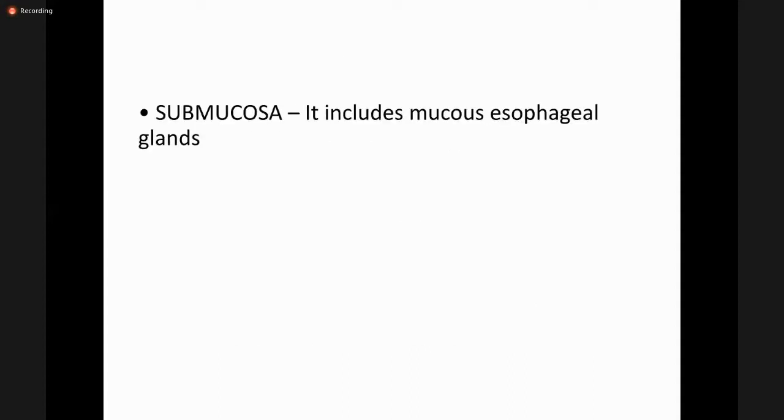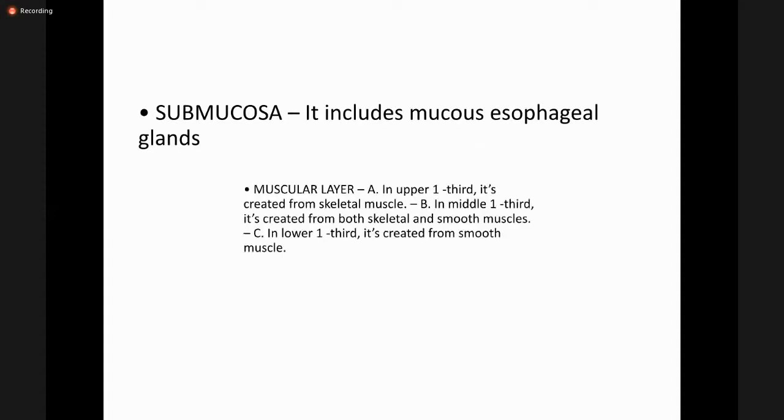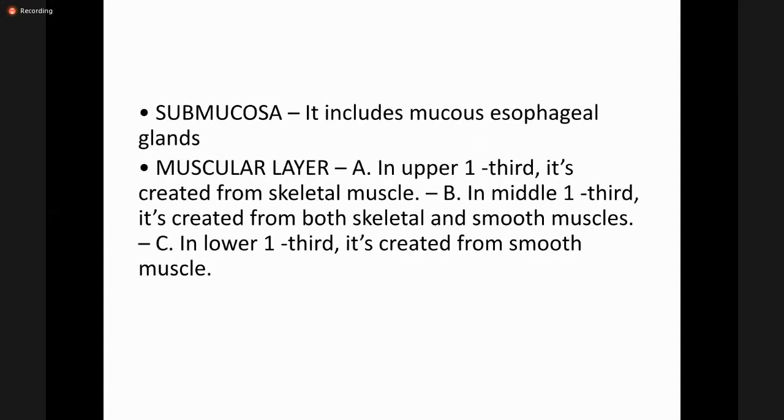After that comes the submucosa, and it includes mucus esophageal glands, and then the muscular layer. The muscular layer is divided into three parts.